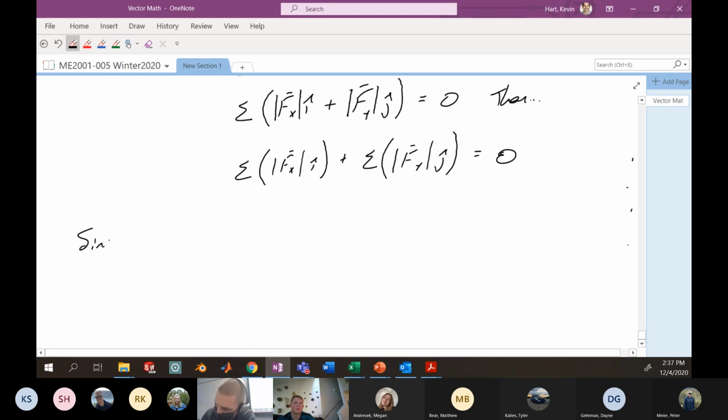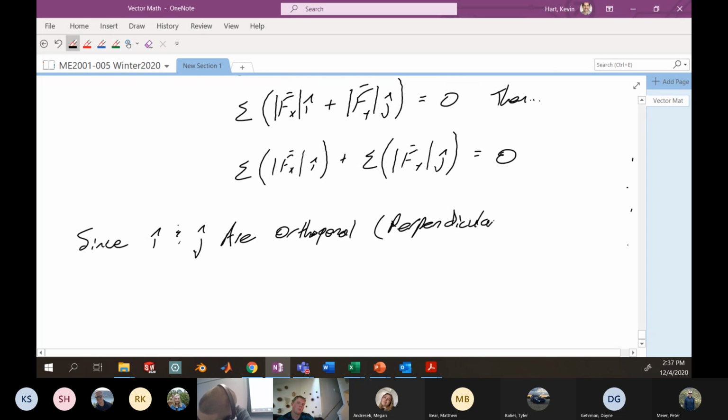So my point here in English is that since i and j are orthogonal, or perpendicular if you like, then for equilibrium the following must be true.